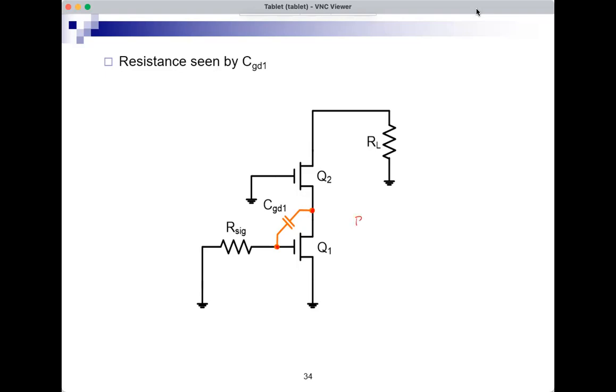So this will be an RXY, Rx being this in parallel with this, which is RSig, because the resistance looking into the gate of Q1 is infinite, and Ry is this in parallel with this, which is something that we just calculated on the previous slide.